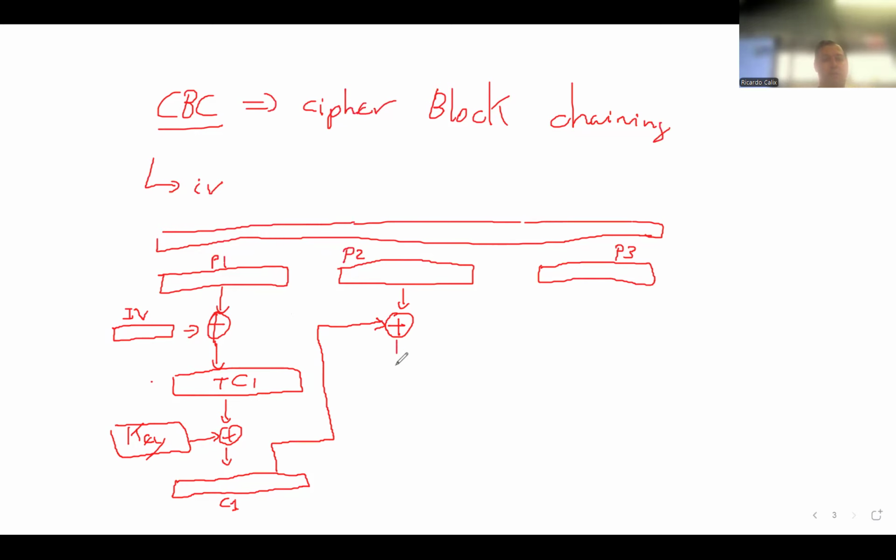Okay, and this comes out, and we have now an XORed output, which I'm going to call temporary cipher 2 or some name like that, block cipher encryption. And then I'm going to give it the key.